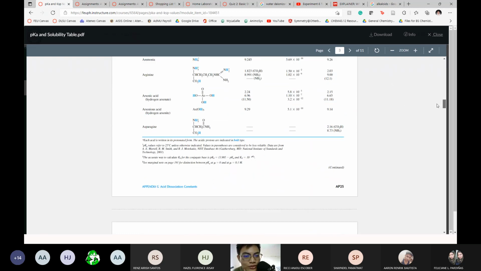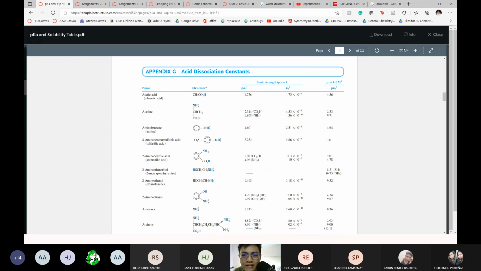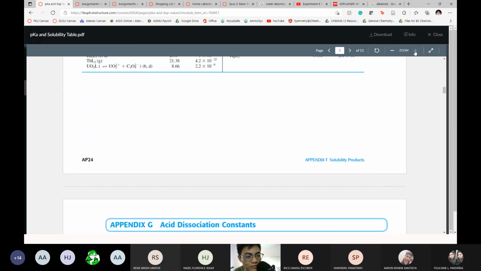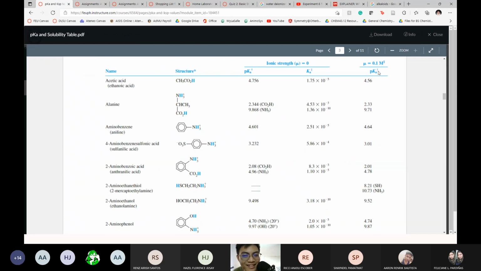So this table shows you the corresponding acid dissociation constants. Huwag nyo kakabisaduhin, hindi kinakabisado yan. This is, let's say, acetic acid, the Ka value is 1.75 times 10 raised to negative 5.